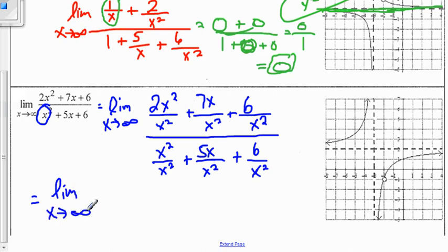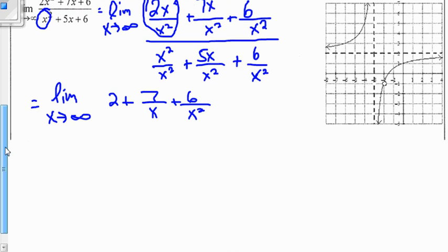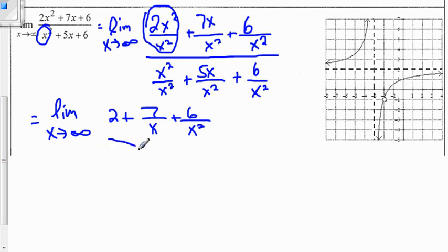As I simplify, 2x squared over x squared is 2, plus 7 over x plus 6 over x squared, all over 1 plus 5 over x plus 6 over x squared.